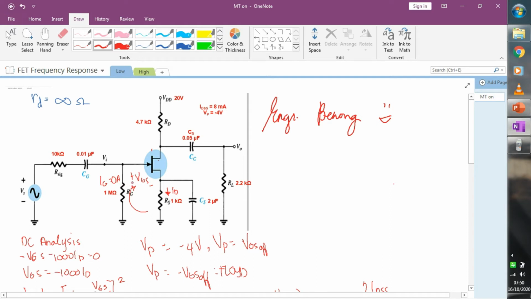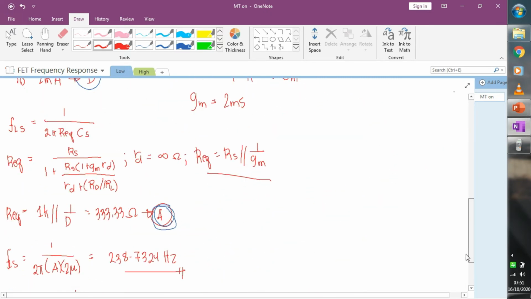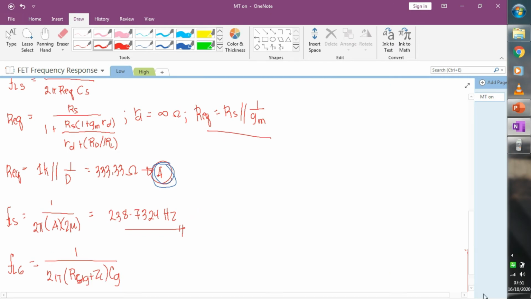If it were a voltage divider bias, your Zi would be equal to the combination of R upper and R lower. But in our case, with this circuit, your Zi is just equal to Rg, which is 1 mega ohms.